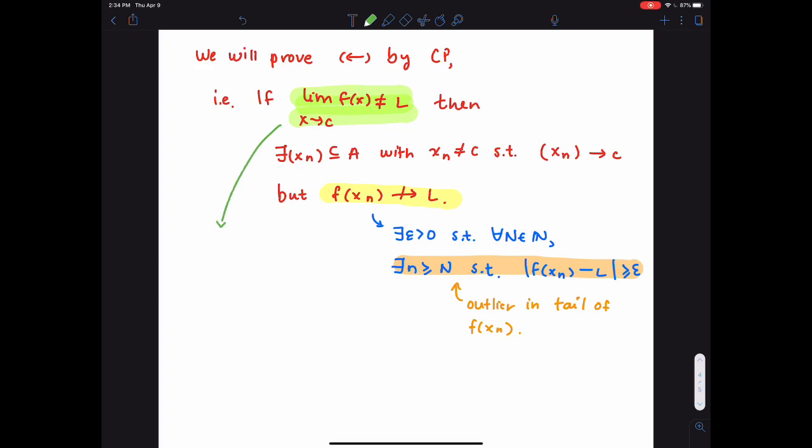So this means that there exists an epsilon band such that no matter how I try to pick my delta greater than 0, there's always going to be an x in A, such that when I take a look at the delta neighborhood, I know that x is going to be in that delta neighborhood of C, but f of x is going to be an outlier of my epsilon band.